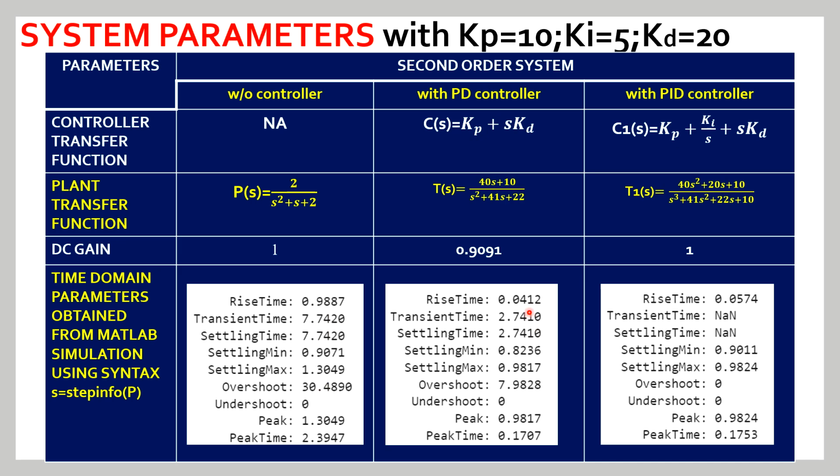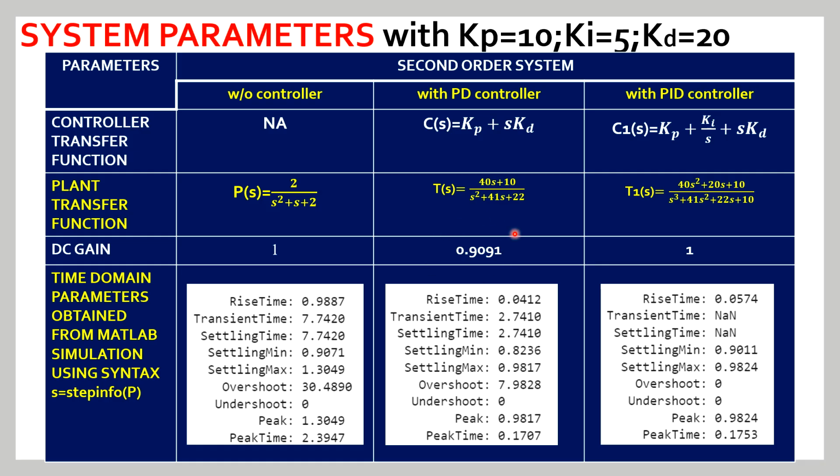My rise time has also decreased with the help of the PD controller. But the steady state error still persists. From the DC gain calculation, we can understand this. By substituting s as 0, we get the DC gain value. DC gain is nothing but the final value of the output. But I can observe I have a steady state error.